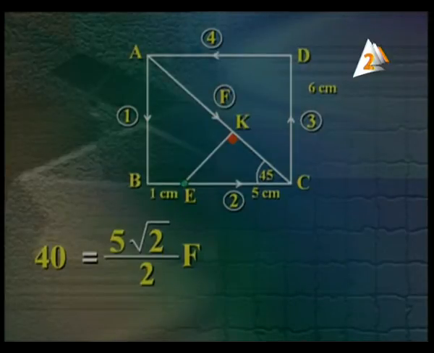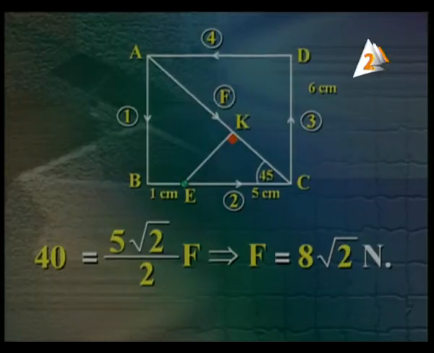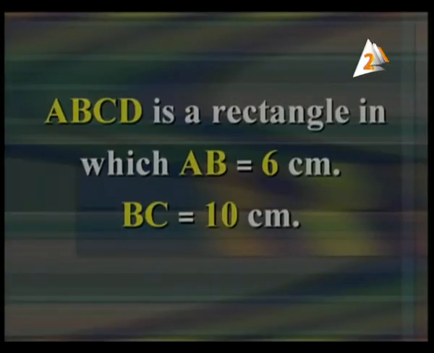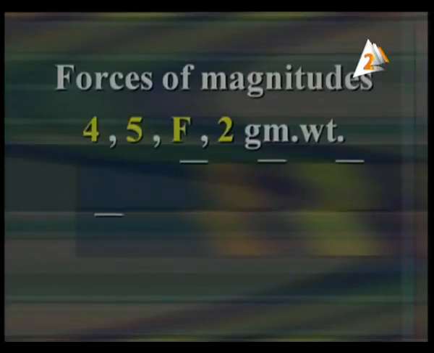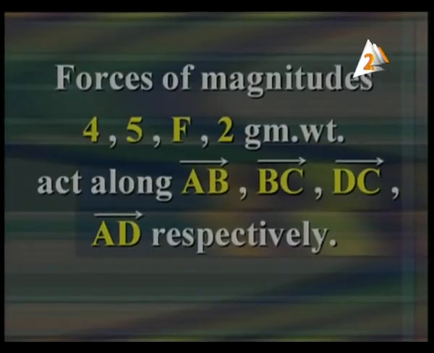ABCD is a rectangle in which AB equals 6 centimeters, BC equals 10 centimeters. The forces of magnitude 4, 5, F, and 2 gram weight act along AB, BC, DC, and AD respectively.